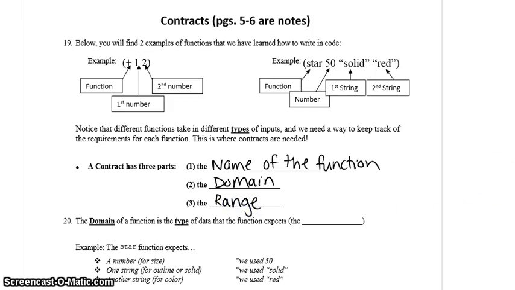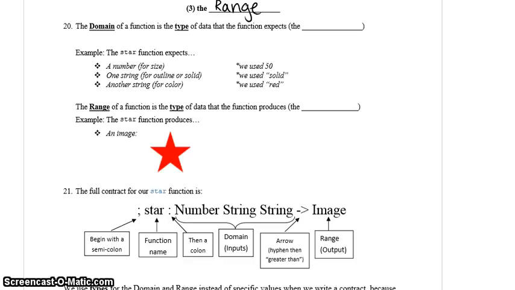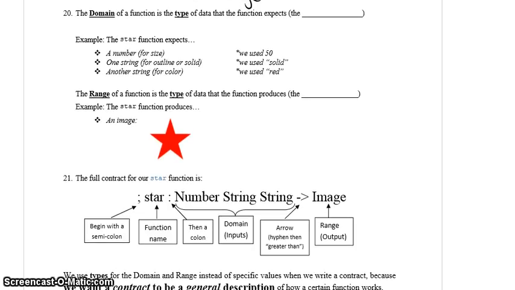So a review of our definitions for domain and range are shown below. The domain of a function is the type of data that the function expects. As we just mentioned, those are the inputs. So for example, the star function expects 3 things, 3 inputs in the domain. 1 tells the computer the size, that's a number. 1 of the inputs tells the computer whether to make the shape outline or solid, that's a string.